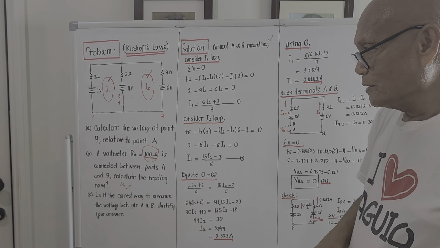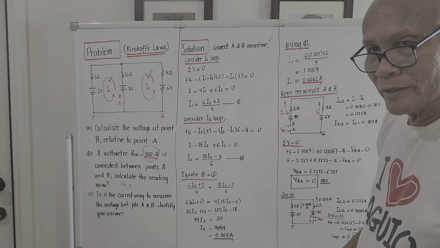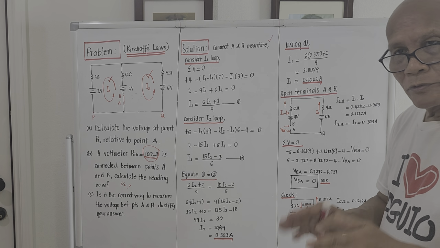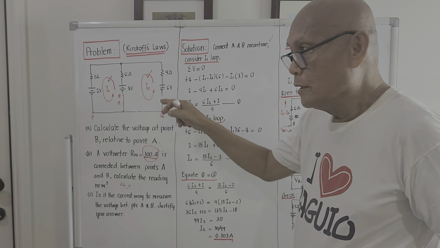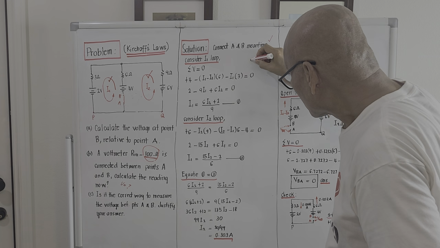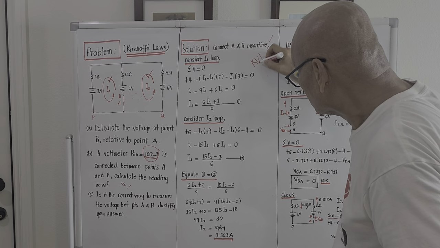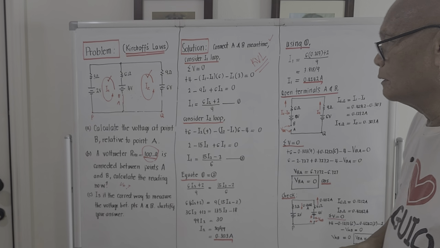So actually, for the meantime, there are two unknown currents. And we must produce two equations and two unknowns to compute for I sub 1 and I sub 2 using Kirchhoff's voltage law or KVL.